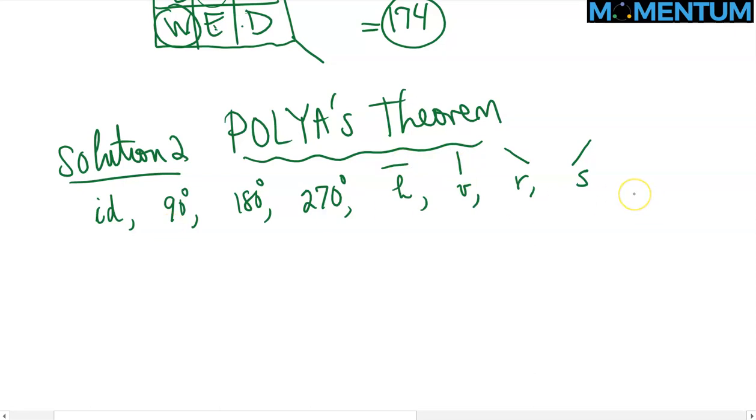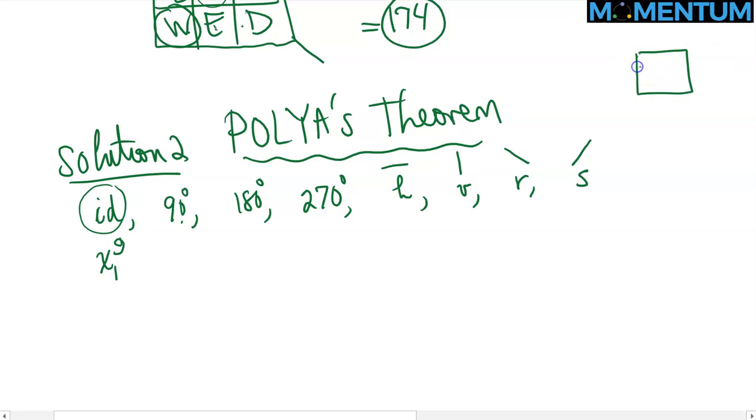Awesome, so now first let's look at the types of the cycles that are being created out of this whole thing. The identity will construct 9 cycles, each one of length 1. So we can represent this as x sub 1 raised to the power 9, because a cycle of length 1, we have 9 of them. So a 90-degree rotation inside a square, what does it do?